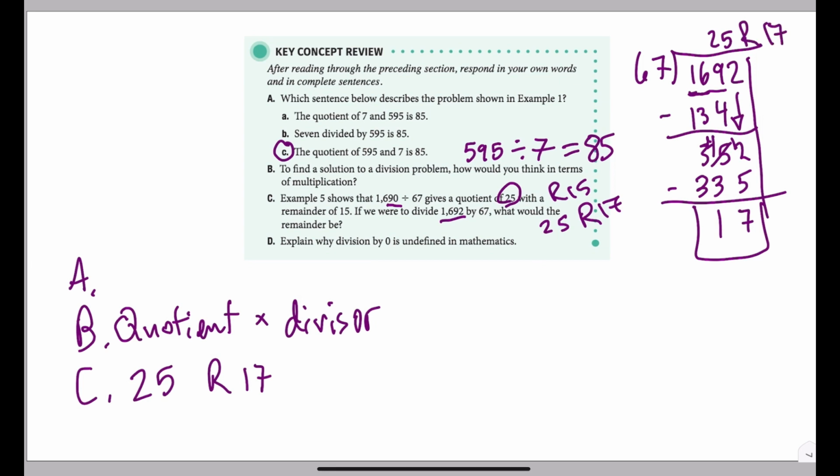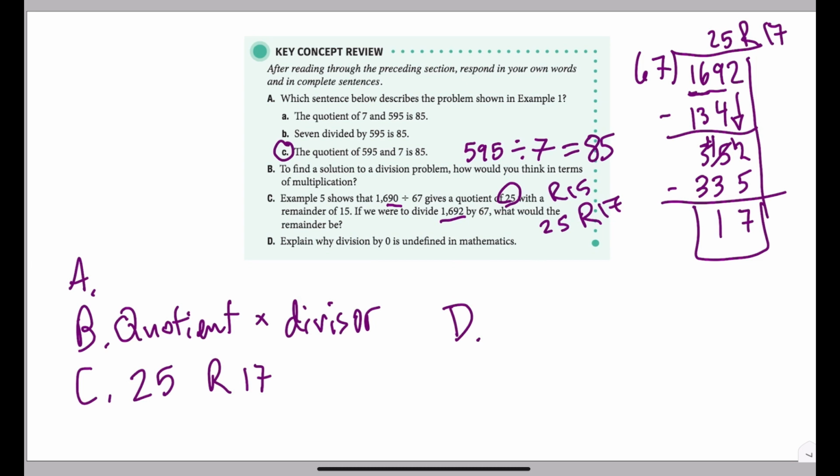All right, let's look at D. And hopefully you can explain this on your own now that we've gone through it. But explain why division by 0 is undefined in mathematics. Well, you could say it's the rule, but that's not really why.